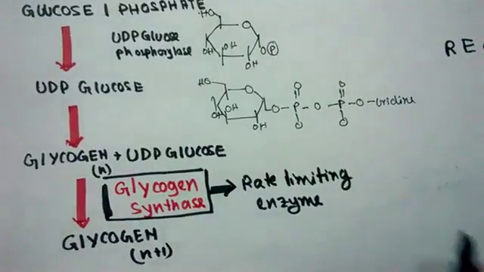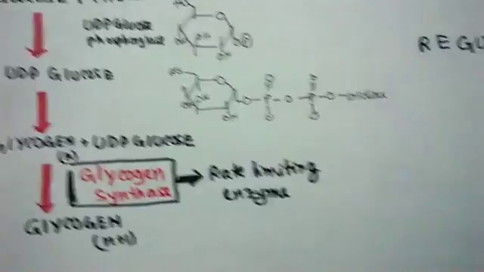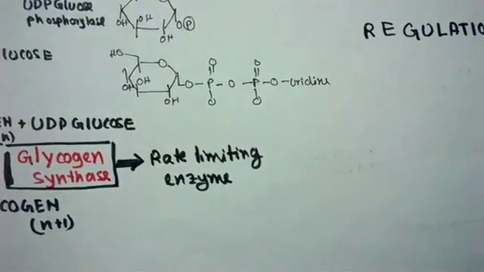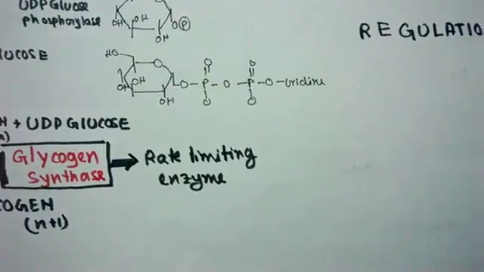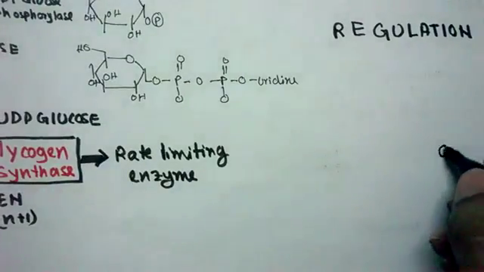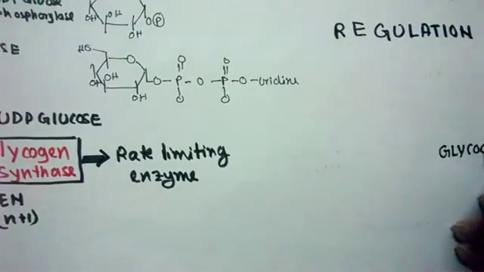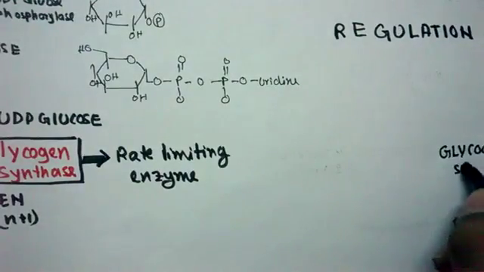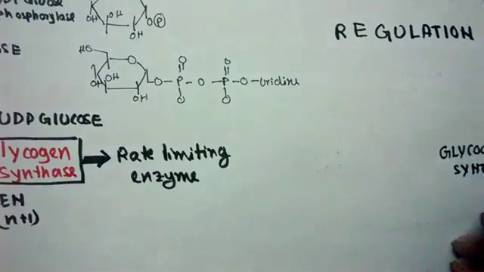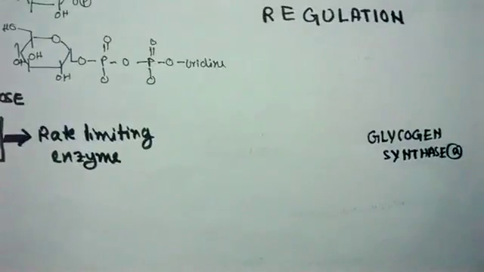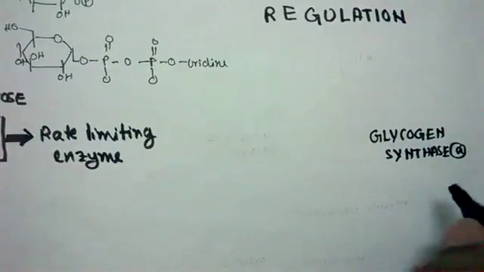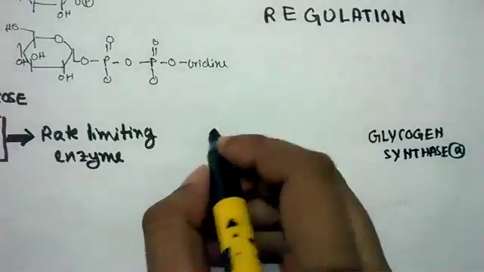This rate limiting enzyme can undergo allosteric modification, so let's see how. Glycogen synthase generally has two forms. One is glycogen synthase in A form, which is not phosphorylated and is the active form.